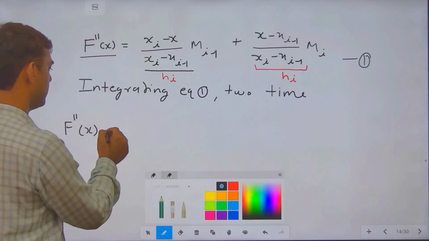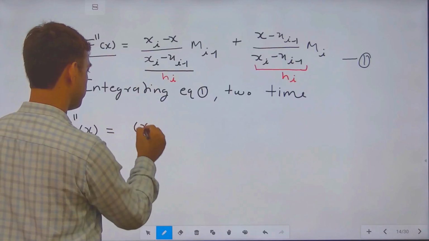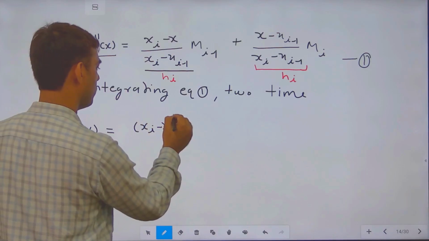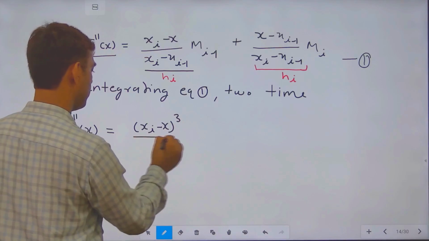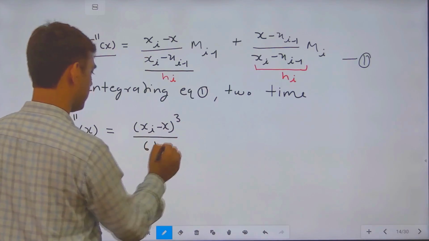If we integrate two times, this becomes (x_i minus x) whole cube divided by 6h_i.